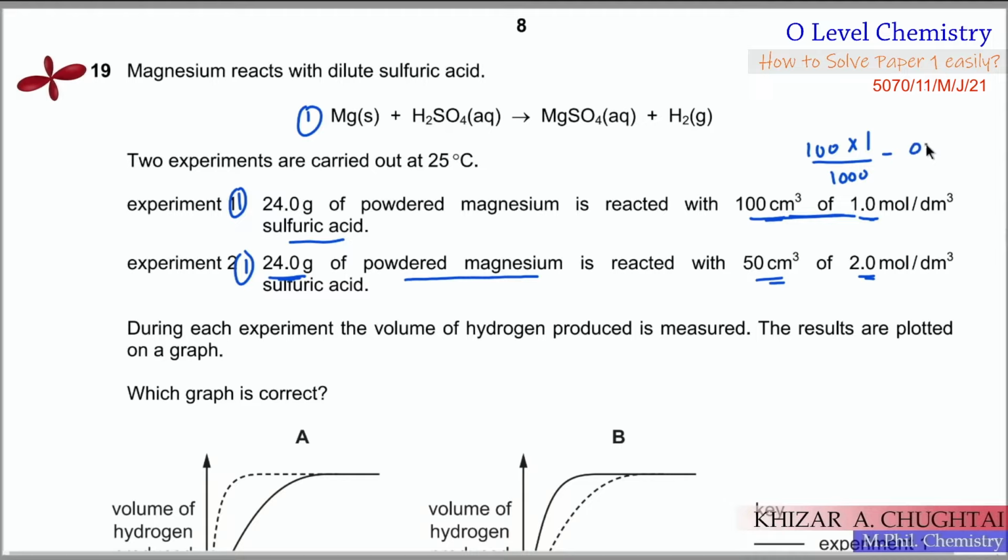That is equal to 0.1 mole. In the other case, 50 into 2 divided by 1000, which is 100 over 1000. Again, it's equal to 0.1 mole. So this sulfuric acid is acting as the limiting reactant, and in both experiments there is the same quantity of the limiting reactant.